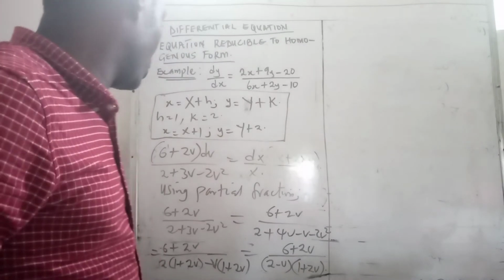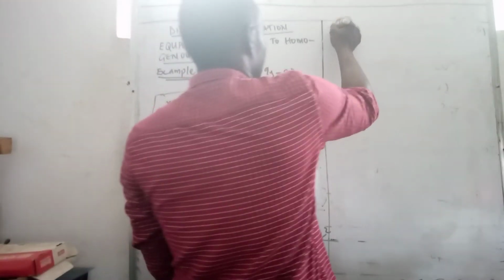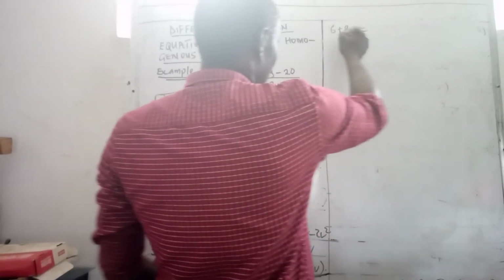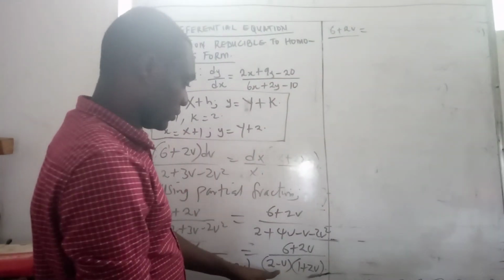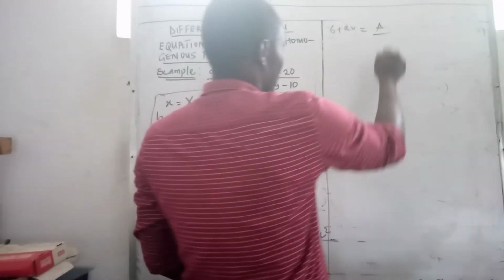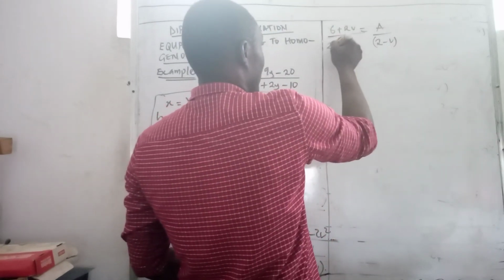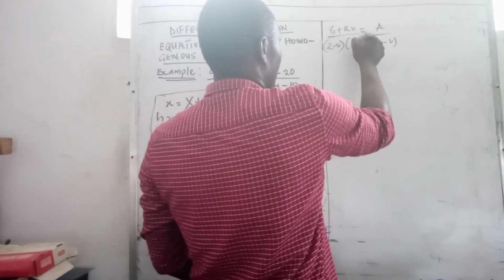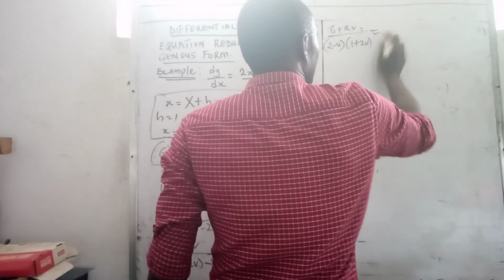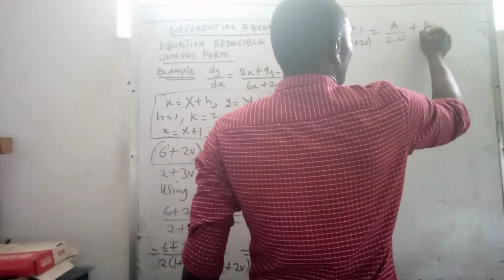So on splitting this into partial fractions, I'm going to have 6 plus 2v all over 2 minus v, 1 plus 2v equals a all over 2 minus v plus b all over 1 plus 2v.